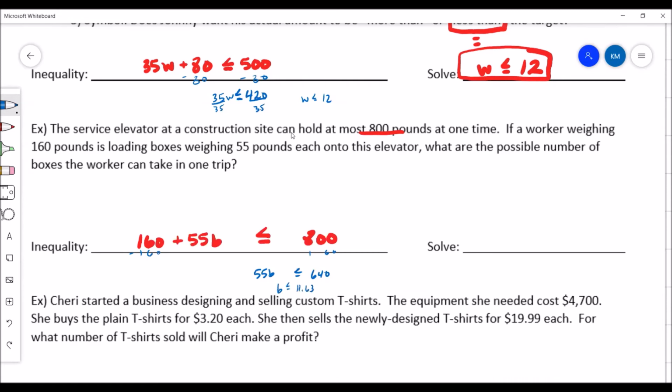And so are we going to dump out half a box so that we can bring it? No. What are the possible boxes that we can take? Well, it's going to be less than or equal to 11. Okay, and that's where we're at. We want to make sure that that makes sense.